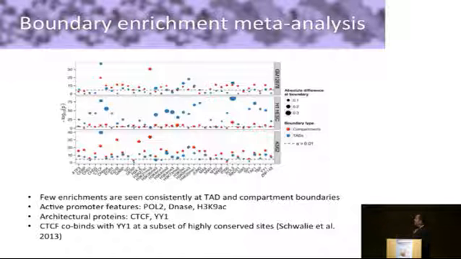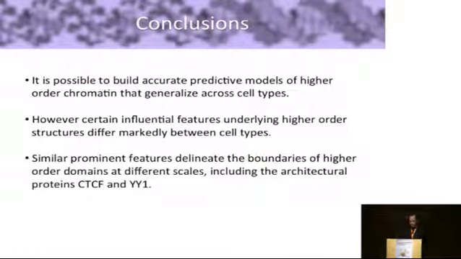And the answer is active promoter features, but also stonking enrichments for CTCF and consistent, significantly significant enrichments for YY1. Both architectural proteins and recently shown to co-bind at highly conserved sites.